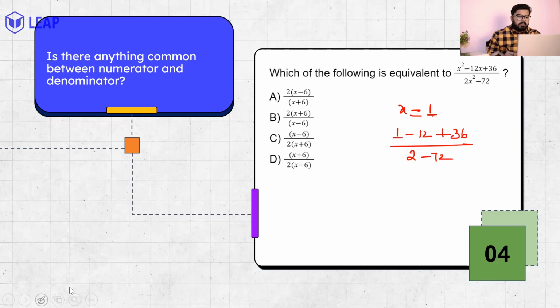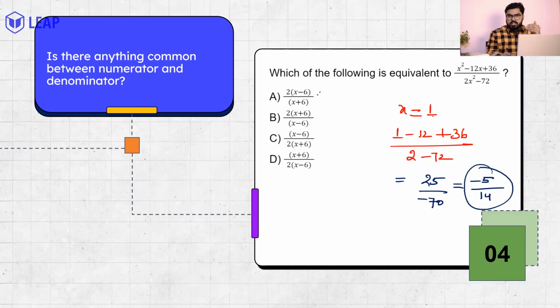Now let's solve it. That's going to be 36 minus 12, 24, plus 125, divided by minus 70. If we simplify this, that's going to be minus 5 over 14, which means our target number should be minus 5 over 14. Once we get the target number, we circle that number.